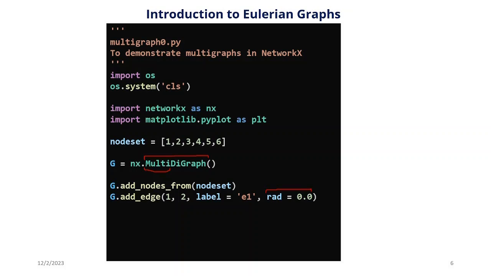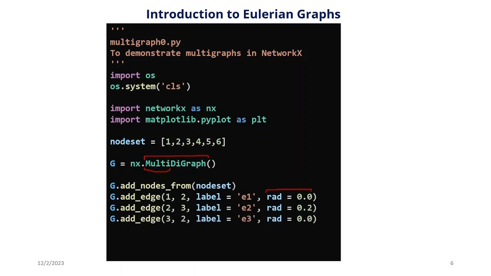If rad is something else, like when we added 2 to 3, and that is edge 2, the first edge that goes from 2 to 3, there are 3 edges you should remember. So we can give it a radian, an angle, to indicate the curvature of the edge. It's not going to be a straight edge, it's going to be a curved edge.